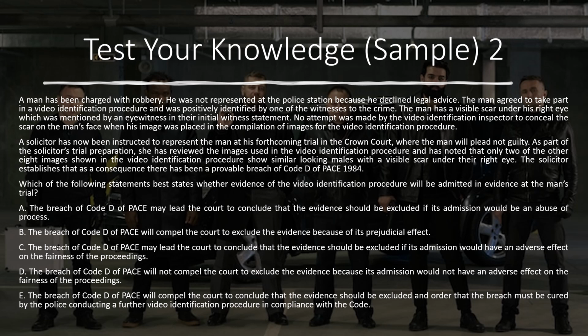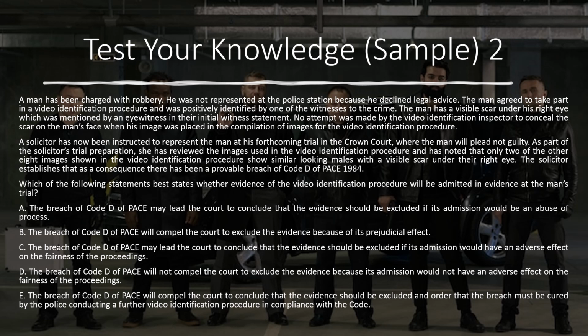Now, which of the following statements best states whether evidence of the video identification procedure will be admitted in evidence at the man's trial? A, the breach of Code D of PACE may lead the court to conclude that the evidence should be excluded if its admission would be an abuse of process. B, the breach of Code D of PACE will compel the court to exclude the evidence because of its prejudicial effect.